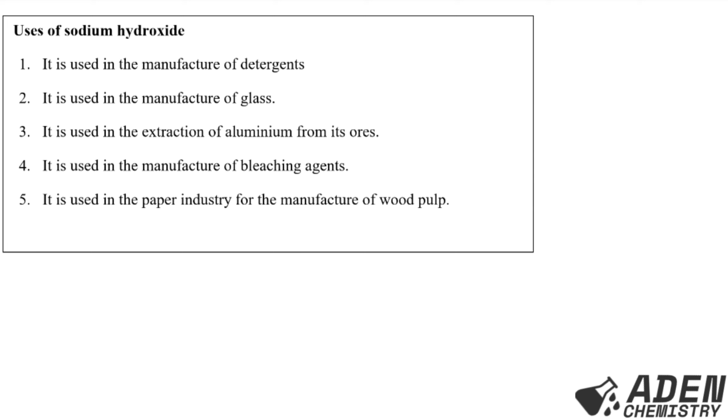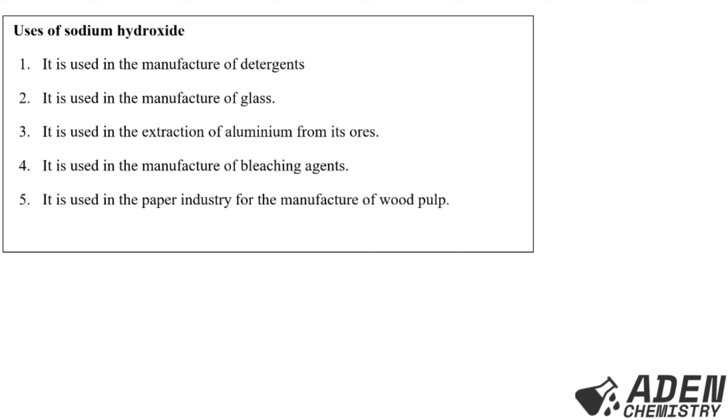So remember, the uses of hydrogen, we have learned in the chemistry of water and hydrogen, chapter 5, form 1. The uses of chlorine, we have learned in the chemistry of chlorine and its compounds, that is chapter 6 of the form 3 syllabus. So uses of sodium hydroxide, we are going to learn here.